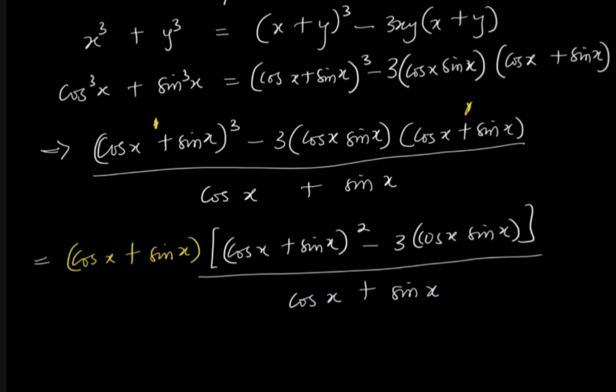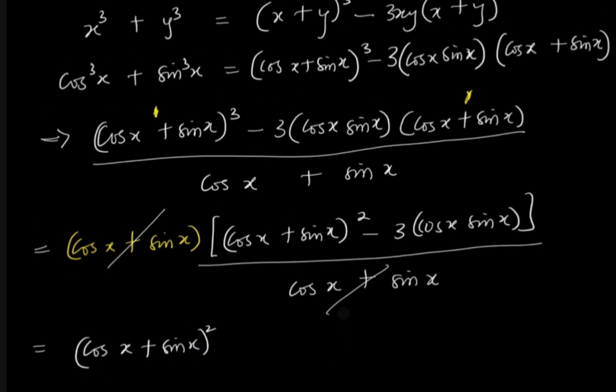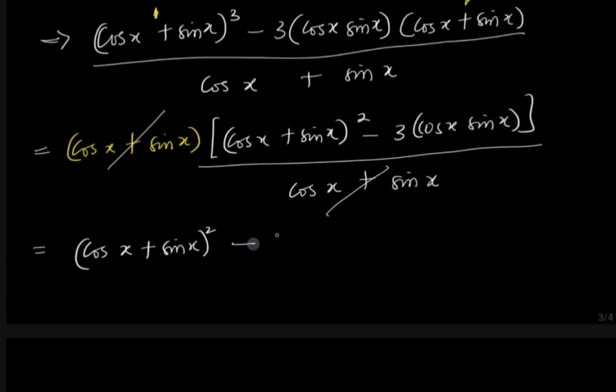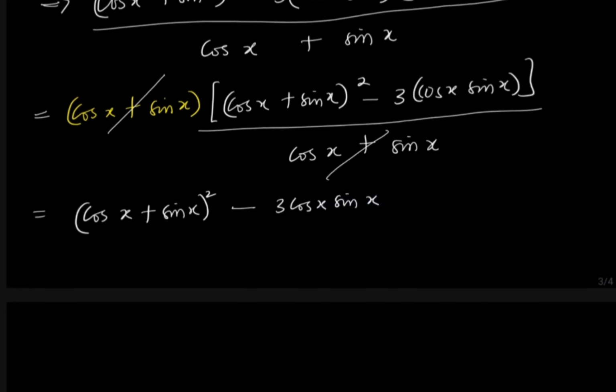So you can clearly see that this and this will cancel. So up here you have (cos x plus sine x) all squared. Let's open this bracket, minus 3 cos x sine x.